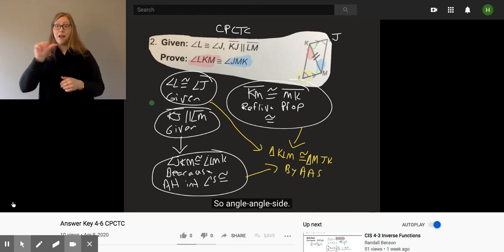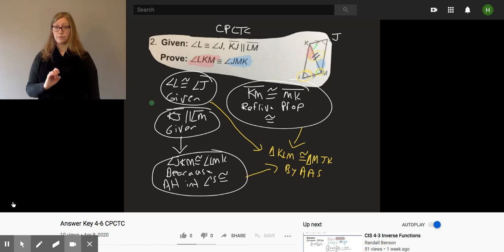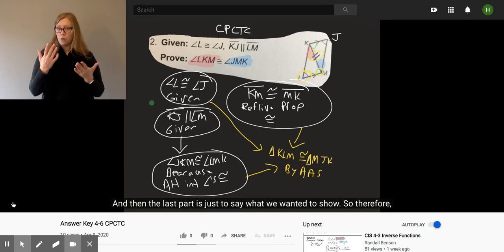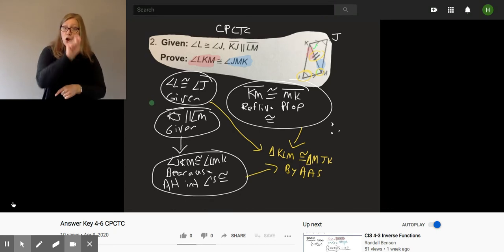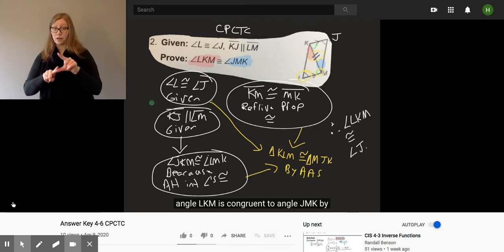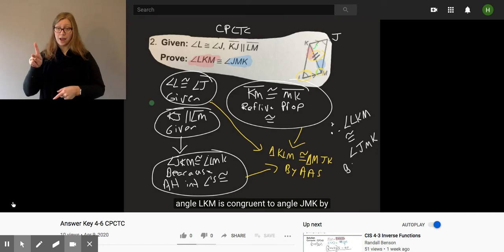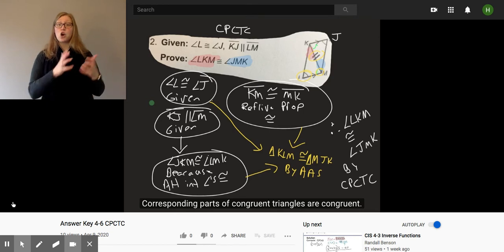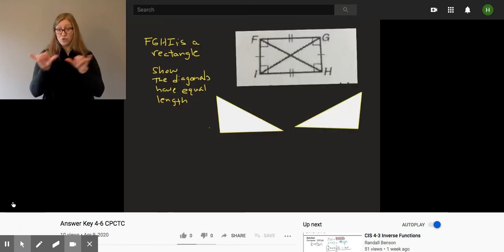So angle, side. And then the last part is just to say what we wanted to show. So therefore, angle LKM is congruent to angle JMK by CPCTC. Corresponding parts of congruent triangles are congruent.